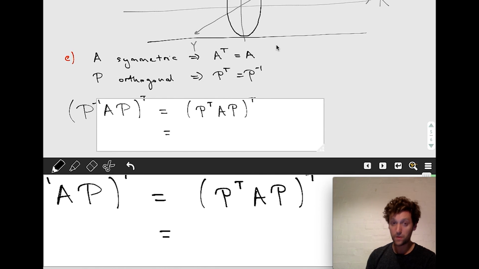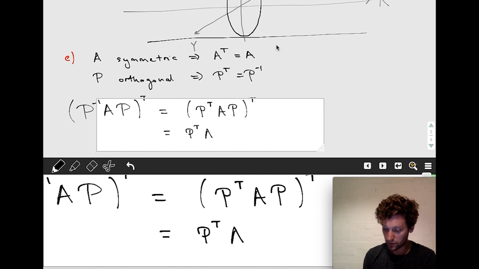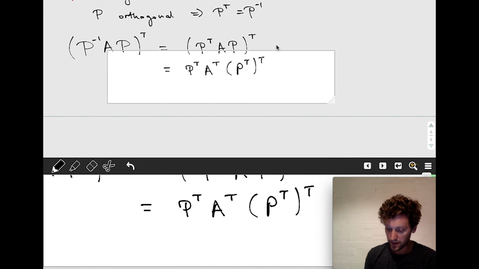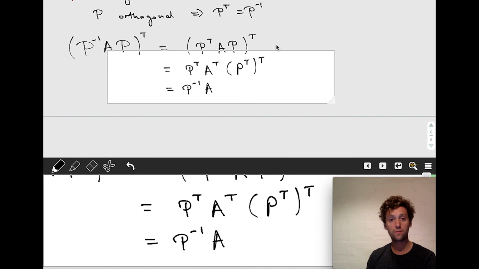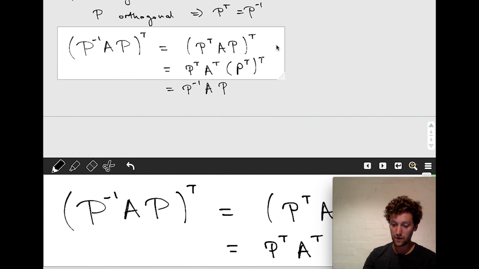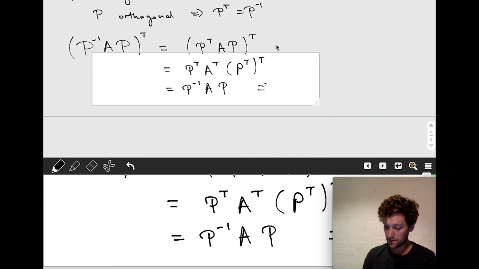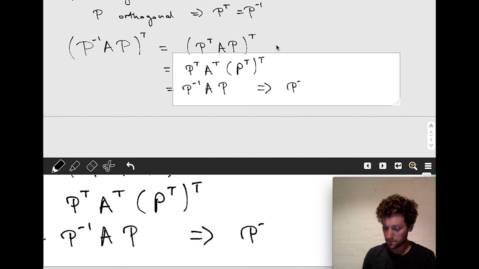That's going to give me the transpose of those matrices multiplied together and reversed in order. Finally, we notice that we've got P transpose is equal to P inverse. A is symmetric, so A transpose is A. And I've got P transpose, which equals P. So you see that P inverse A P transpose is itself, which implies that P inverse A P is equal to a symmetric matrix.